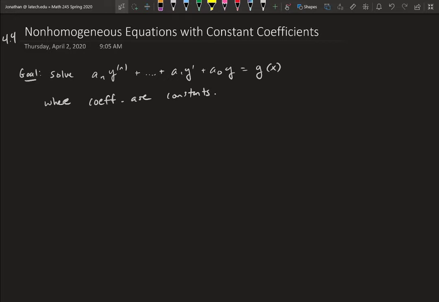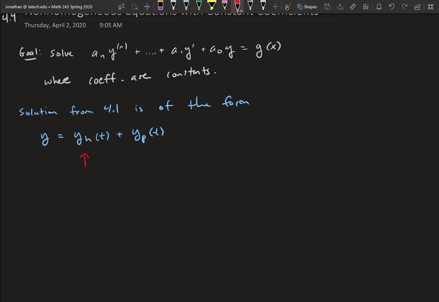So the solution from 4.1 is of the form y equals y sub h of t plus y sub p of t. How to get y sub h is 4.3.